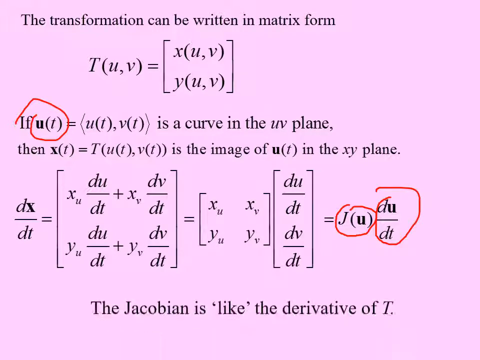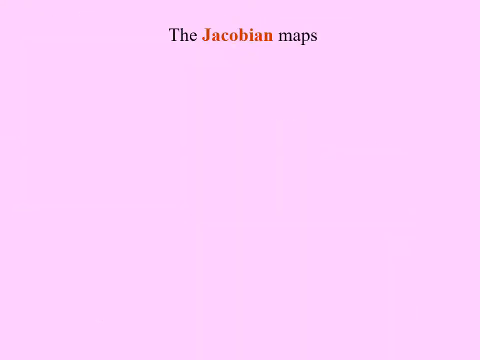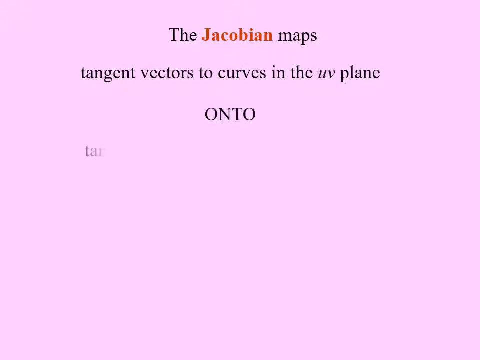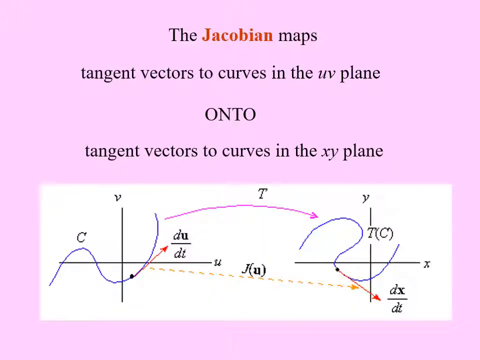So this is kind of like having the derivative of the transformation. Now the Jacobian simply maps tangent vectors from curves in the UV plane to tangent vectors to curves in the XY plane.